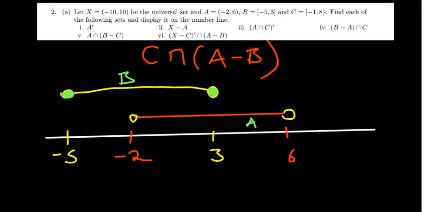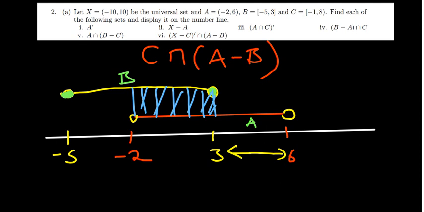So if you say A minus B, it means A without B. We are interested in A, but we need to remove everything that is in B. So the way I basically do this is by shading. I'll just shade what is common between B and A. This is common, this entire region. The part I've shaded there, pay particular attention, it is common, so we need to remove it from A. So what is going to remain is from 3 all the way up to 6.